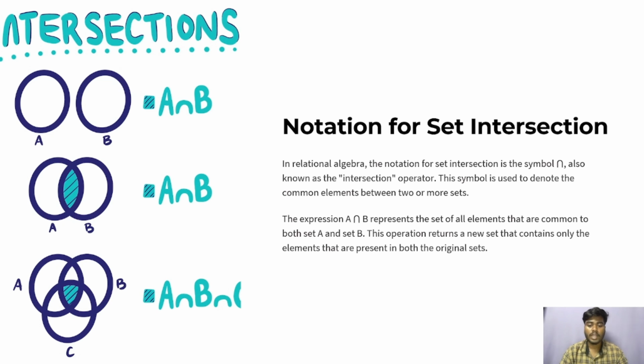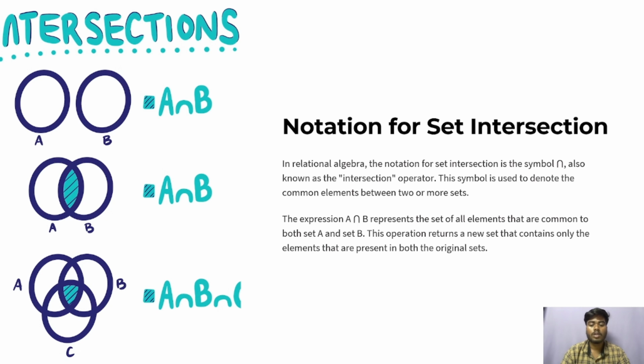The expression A intersection B, as shown in the diagram on the left, represents the set of all elements that are common to both set A and B. Thus, the operation returns a new set that contains only the elements that are present in both original sets. Hope the concept of notation for set intersection is clear to you all.